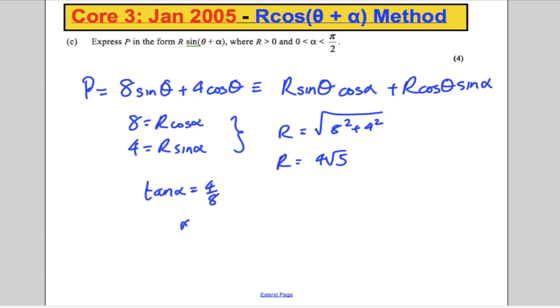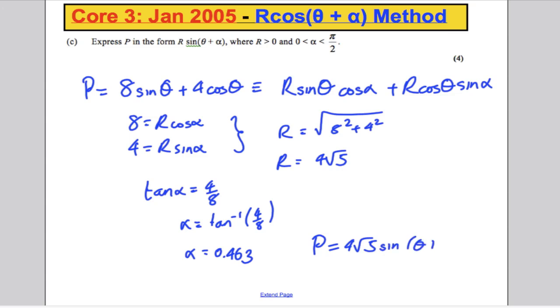So in particular, alpha is the inverse tan of 4 over 8. Keeping your calculator in radians mode this time, alpha would be 0.463. Okay, so therefore, express P in that form. P is therefore 4 root 5 sine of theta plus 0.463, and you're done.